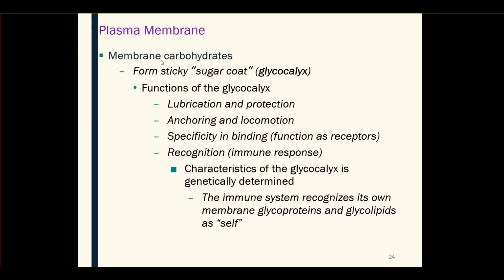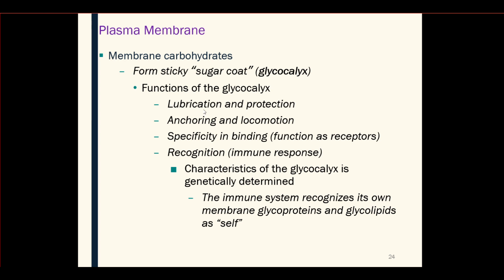So all of these membrane carbohydrates form the glycocalyx, this sugary coat. Since it's a thick coat on the outside of the cell membrane, it does act as a lubricant, but it's also a protector. Since it's sticky, it will help with anchoring in some cells, but in other cells that move around, like a white blood cell, it will assist in locomotion.